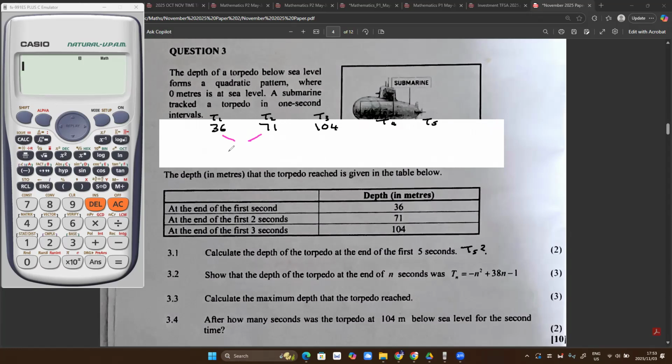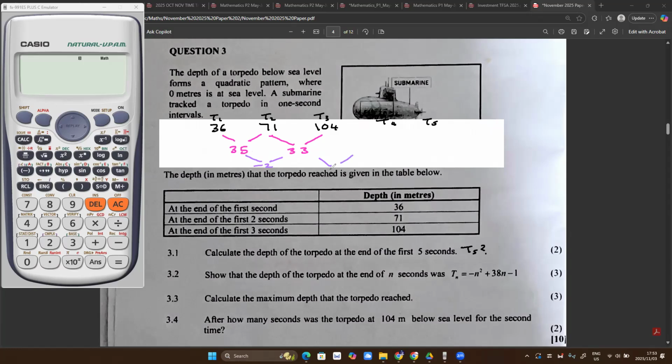So that's 71 minus 36, which is 35. 104 minus 71, well, that is going to be 29 plus 4, which is 33. So we know that our second difference is going to be 33 minus 35, which is minus 2. Okay, so what's going to happen?